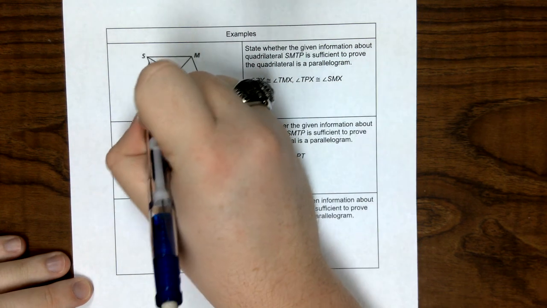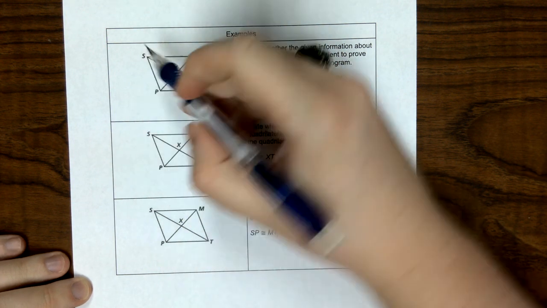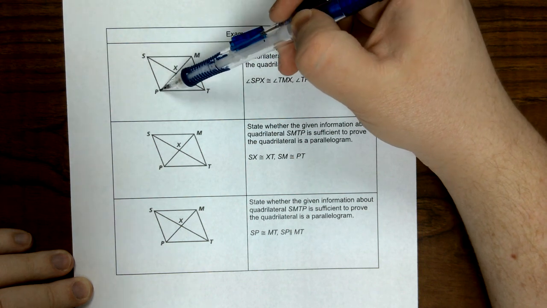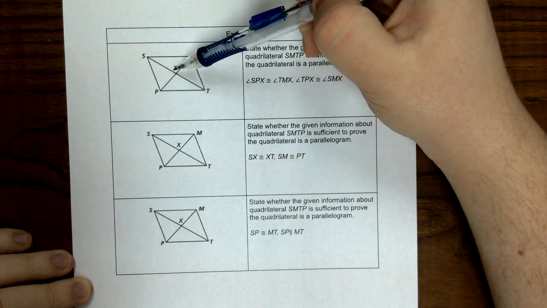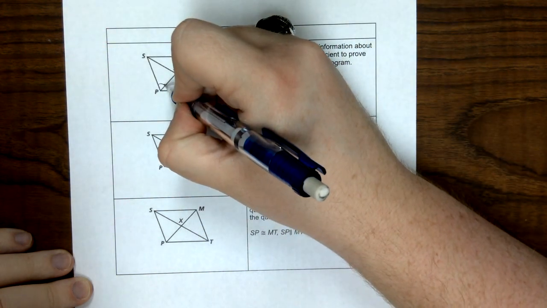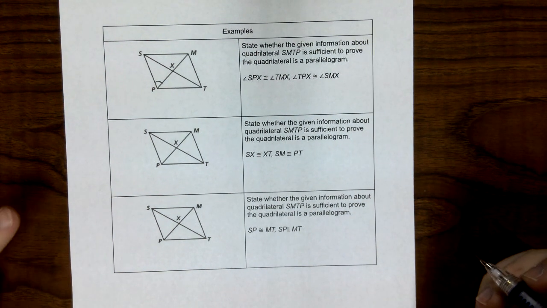I like to follow those letters. S, P to X. Oh, you can't see it. Sorry. S, P, X. It has to be in between there, so that angle is right here. Okay, so make sure you mark yours up like mine.